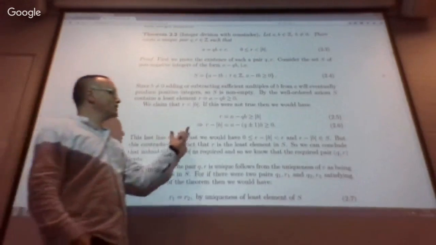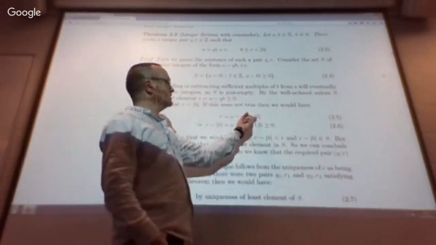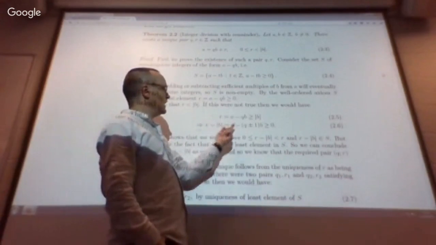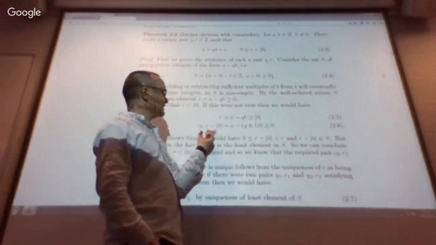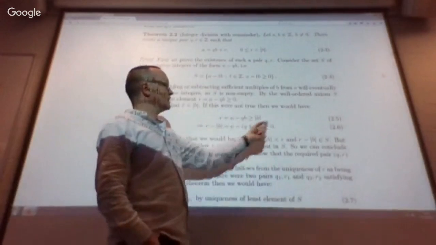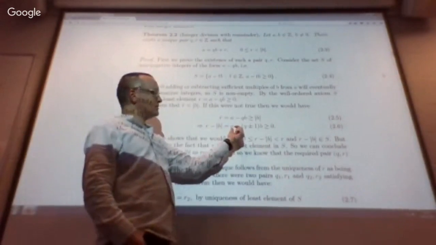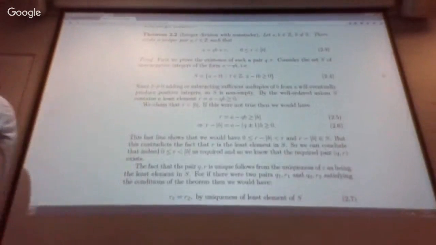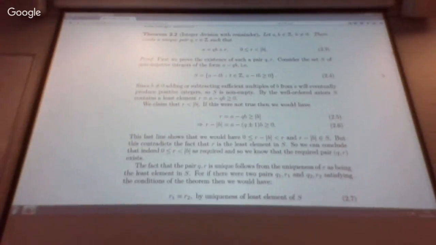But the point is, we subtract another B's worth from both sides of the equation, and that means we've again got a number which is non-negative. You can write it as A minus some multiple of B. So that means it's a candidate for the remainder. It's a difference between A and some multiple of the number B that you're dividing.